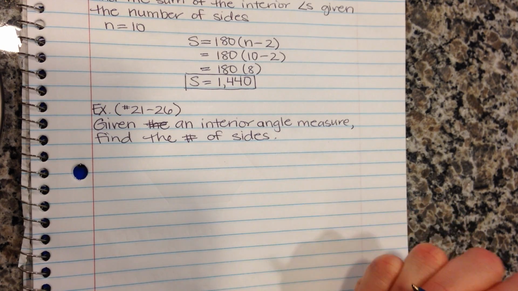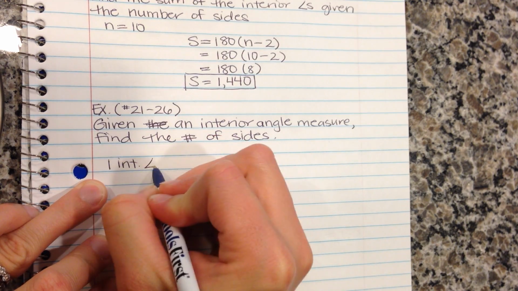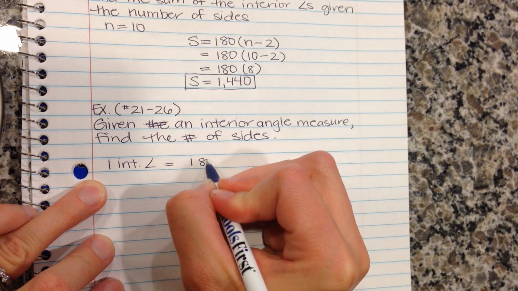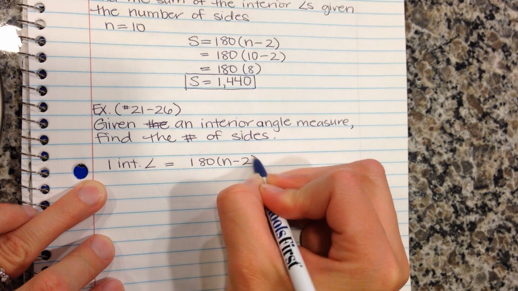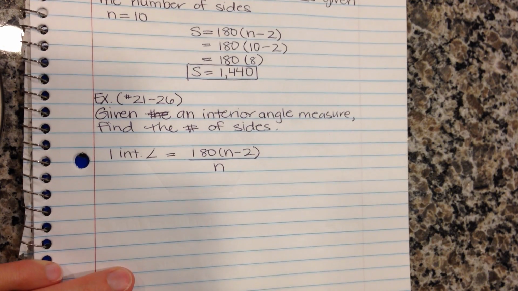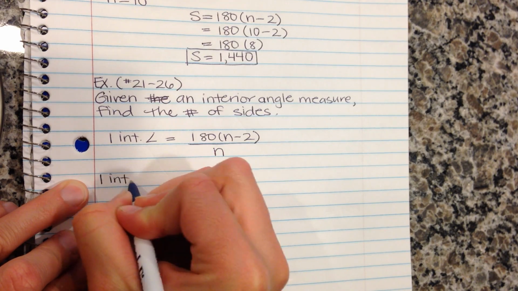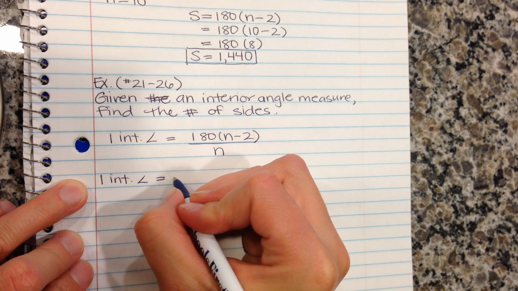then I'm going to be looking at the one interior angle formula, which is 180 times n minus 2 over n. So let's say that they tell me that my one interior angle is equal to 90.